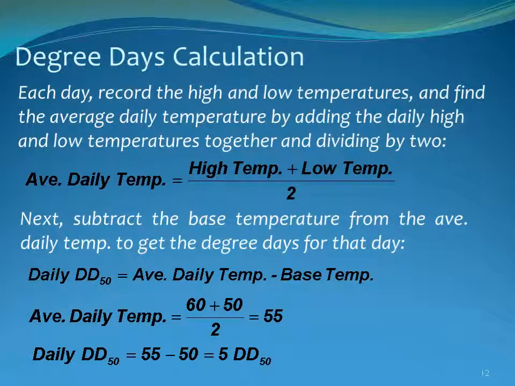So this is how you do it. It's really easy. If you are able to purchase a minimum maximum thermometer, and you can look that up on Google, a minimum maximum thermometer has actually two thermometers in it. One will measure the high temperature for the day, and the other will measure the low temperature for the day.